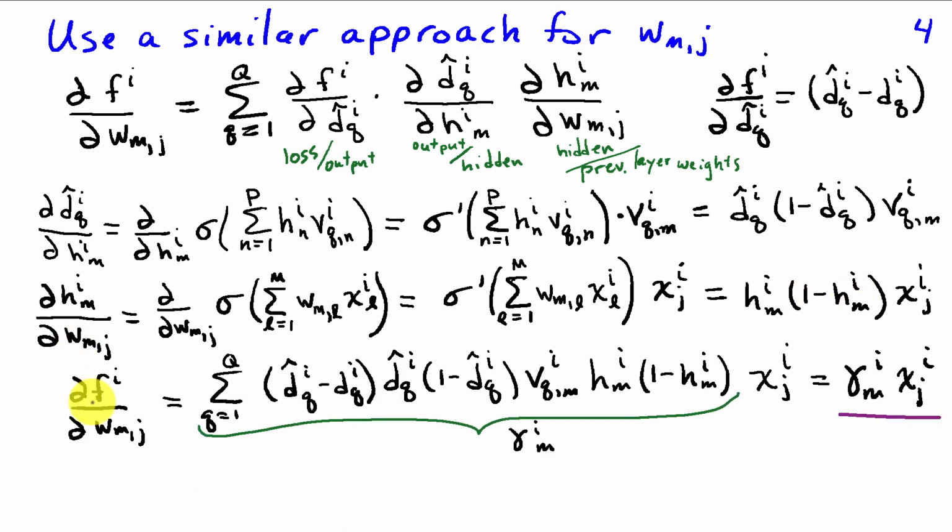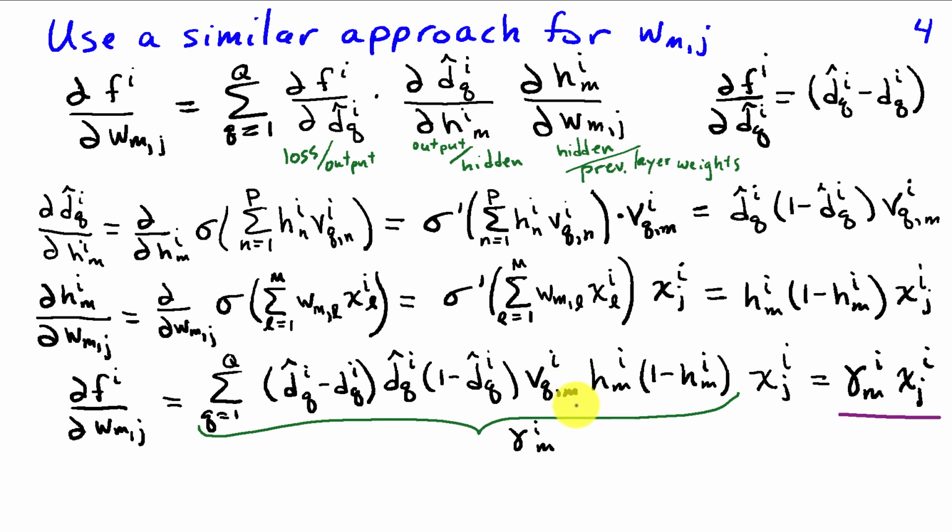So we can put this all together, plugging these terms in, and I'm going to have a sum over q of these various terms that we discovered: the derivative of the loss with respect to the output in this first parentheses. Then we're going to have the derivative of the output label with respect to the input from the previous layer, which is dq hat times 1 minus dq hat times vq comma m.